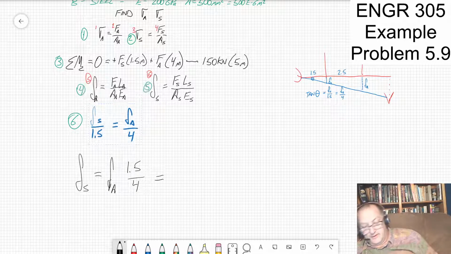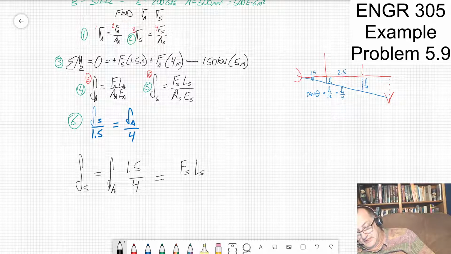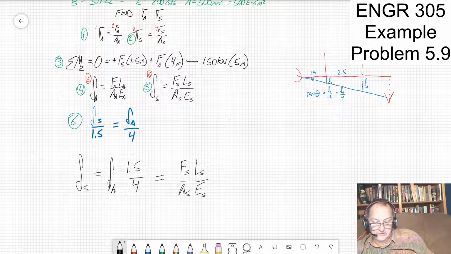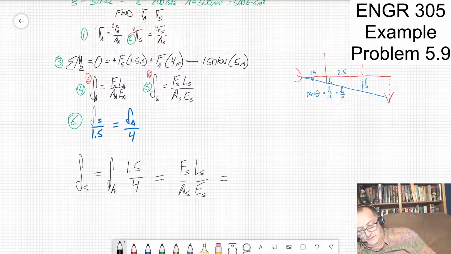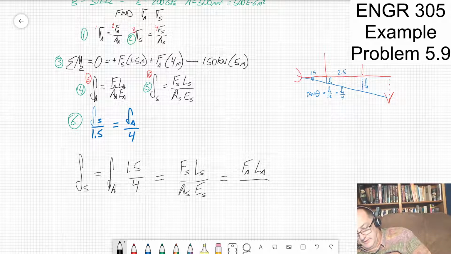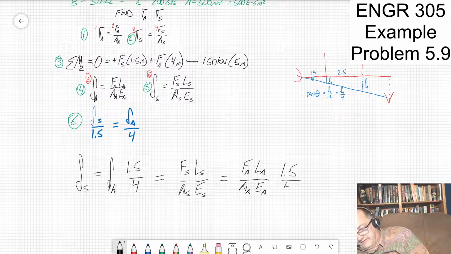And now the deflection in the aluminum, okay, and then delta of the steel is equal to force of the steel, length of the steel, over area of the steel, E of the steel, is equal to delta of the aluminum, which is force of the aluminum, length of the aluminum, A of the aluminum, E of the aluminum, times 1.5 divided by 4.